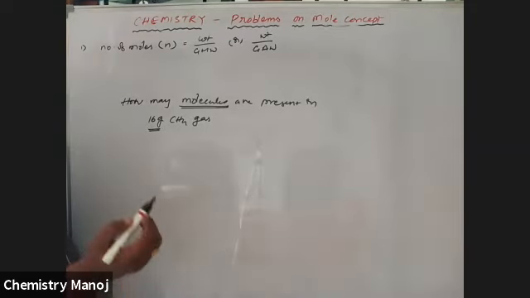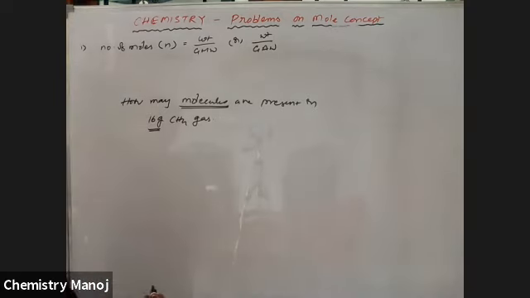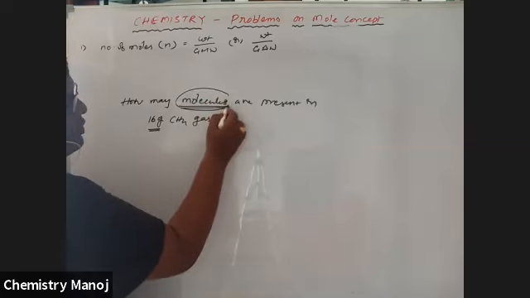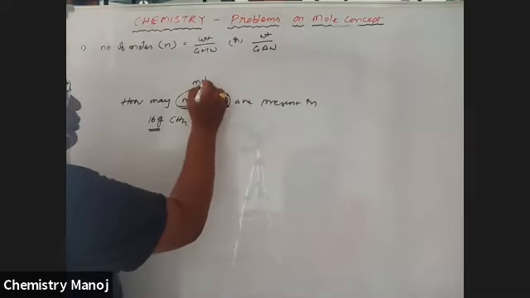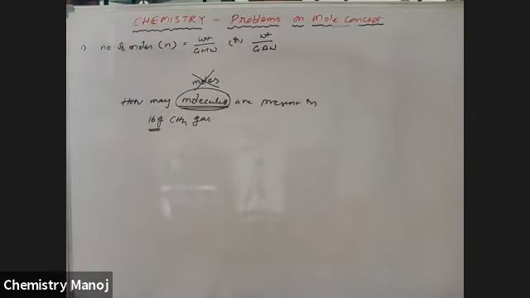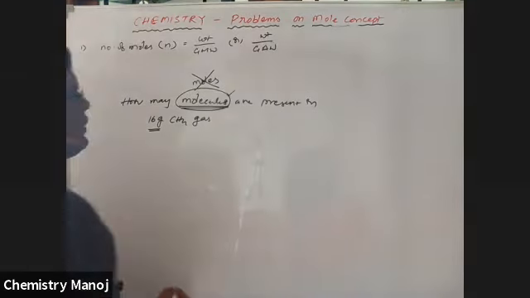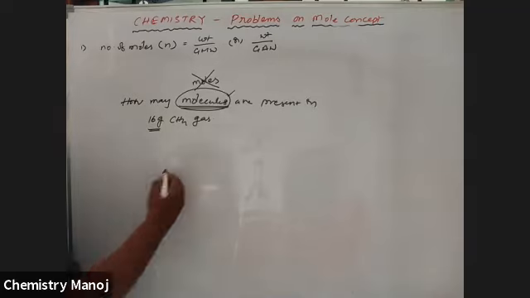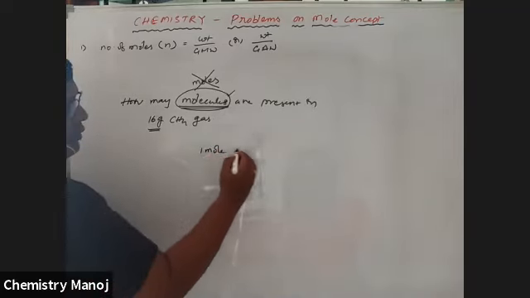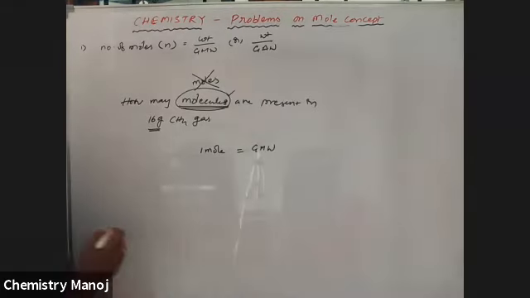So here I am asking for the number of molecules, not moles. It is not moles, it is the number of molecules. So we know that 1 mole is equal to gram molecular weight.